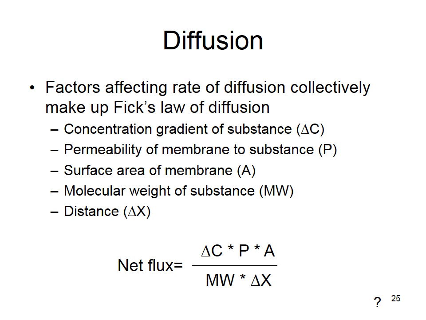In the denominator, we have the molecular weight of the substance and the diffusion distance. So as something in the denominator increases, what happens to the diffusion rate? It decreases. As the denominator gets bigger, the answer gets smaller. They're inversely related. The molecular weight of the substance is fixed as well.